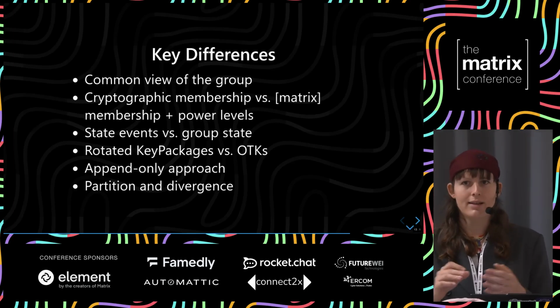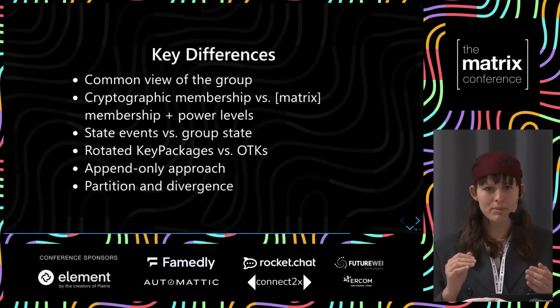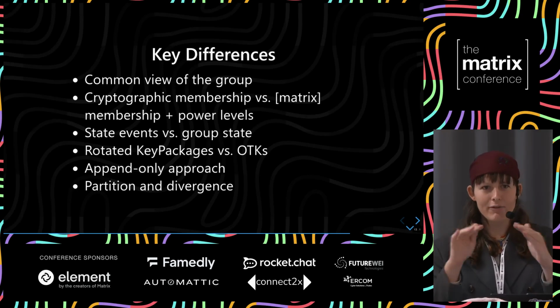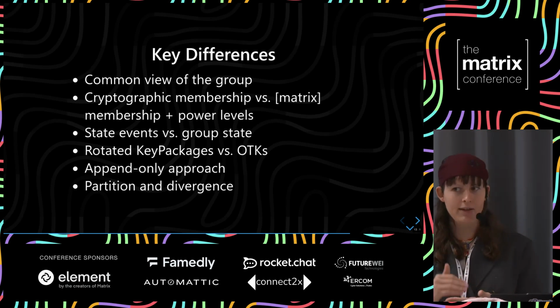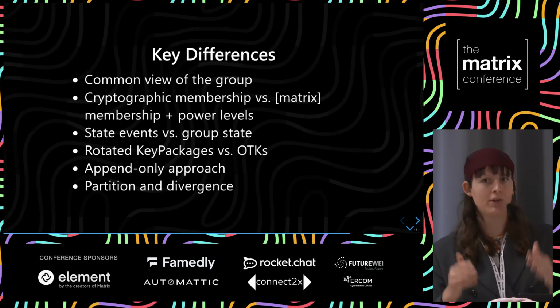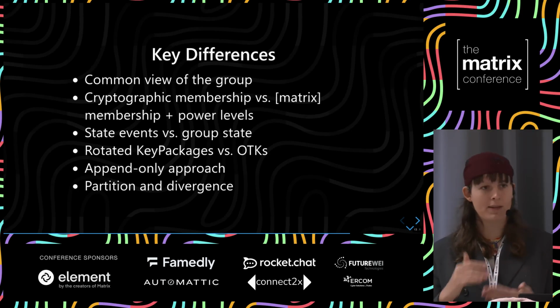The idea of MLS is that we define membership of a group by having a common secret. Everyone who is able to send or receive a message in an MLS encrypted chat needs to know the entire group, because we have a common shared secret. We need to know the group context in order to send and receive messages.